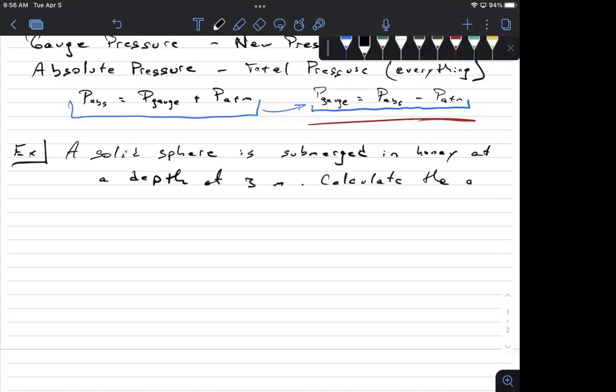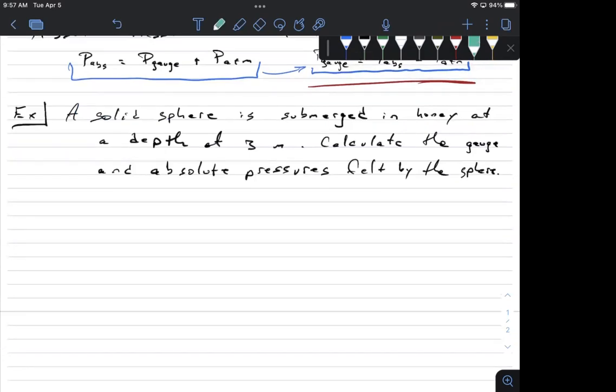Calculate the gauge and absolute pressures felt by the sphere. And of course, you need one particular piece of information, which is the density of honey, which will be set to, let's say, 2,000 kilograms per cubic meter. Okay.